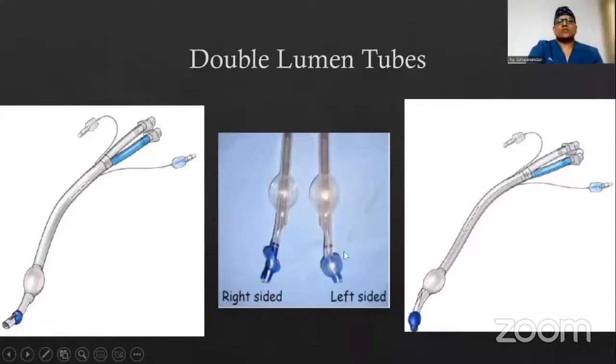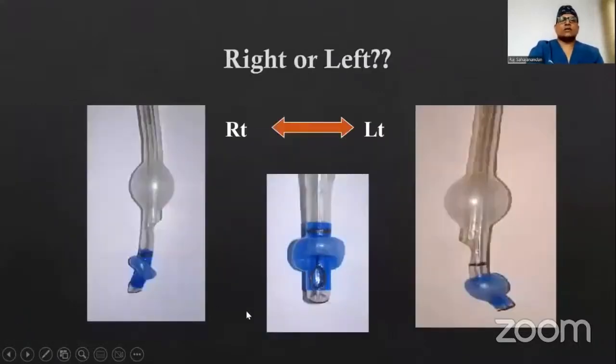So the shape of the cuff, unlike the left-sided tube, where it is a spherical cuff, here you have a donut-shaped cuff, and you have a slot for ventilation of the right upper lobe. You can see that very clearly, and you can see the donut shape also very clearly.